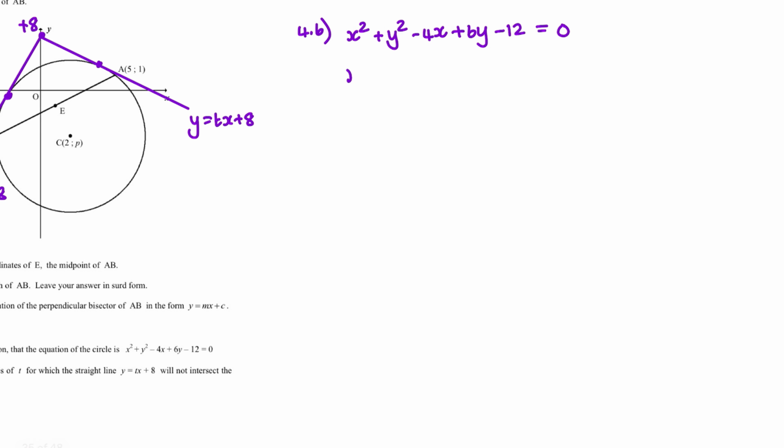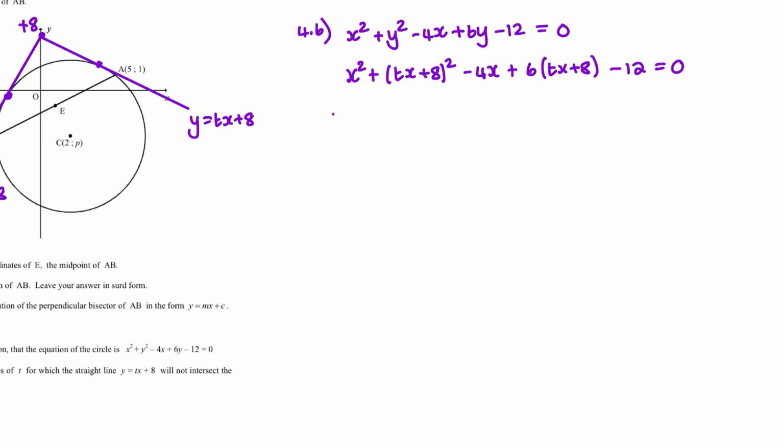We have x squared plus y squared, which is tx plus 8 squared, minus 4x plus 6 times y, which is tx plus 8, minus 12, equal to 0. So what I'll do next is I will expand or multiply out these brackets.